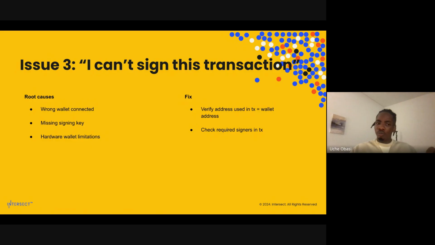You might notice that there is actually a wrong wallet connected, or a missing signing key. To push a fix, you can verify the address used in the TX, matching it to see if it agrees with the wallet address.